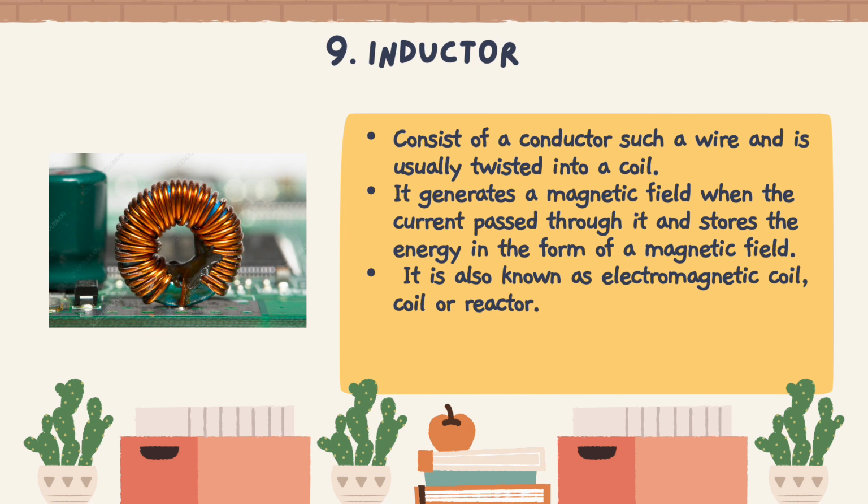So, imagine you're using a flashlight. When you turn it on, electricity flows from battery to bulb, making it light. Now, think of an inductor like a little traffic cop. So, traffic cop daw si inductor for this electricity. It's a coil of wire that can resist changes in the flow of electricity.